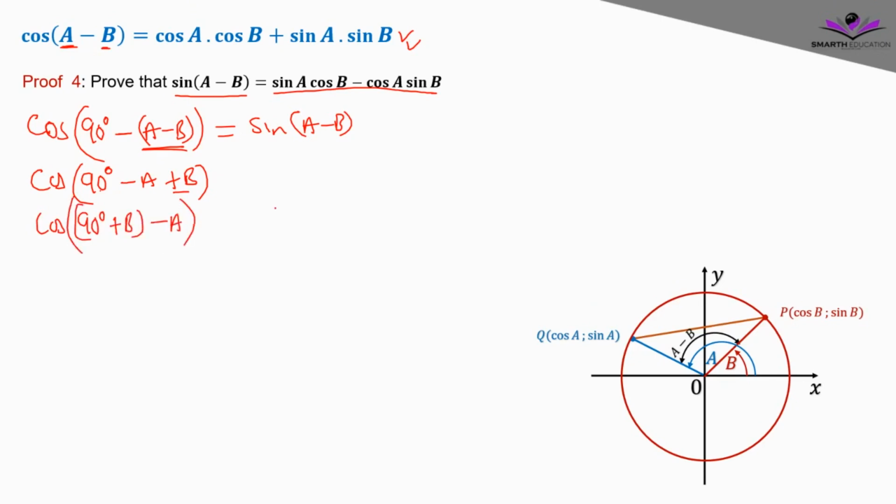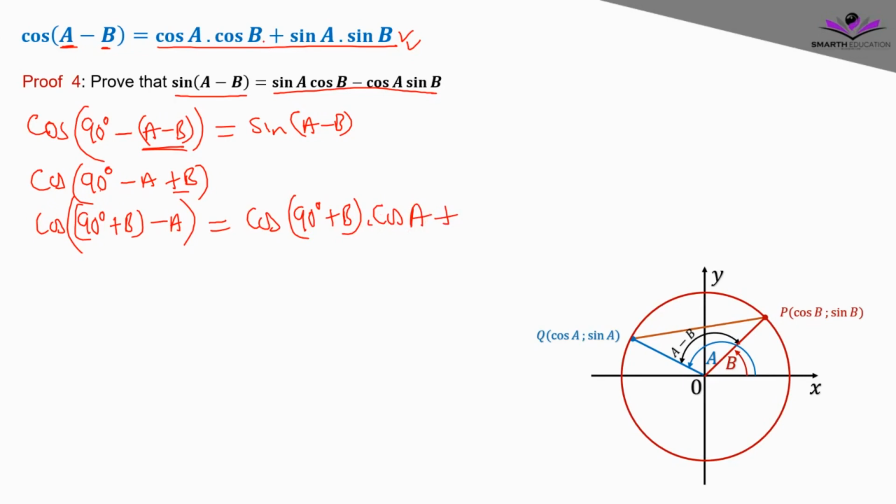Okay, right, come back to this, use this. This is equal to cos(90 degrees + B) cos A, right?